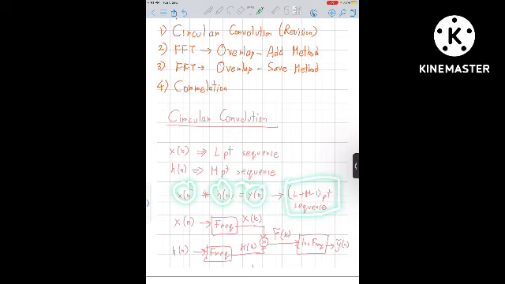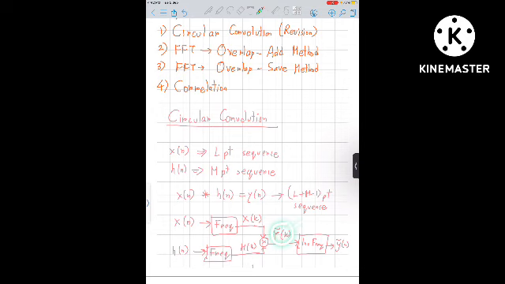Now let's suppose that I don't want to do this filtering or convolution directly. I want to do this in the frequency domain rather than directly implementing it in the time domain. So we transform x[n] into the frequency domain X[k], and h[n] into H[k]. We multiply X[k] and H[k] to obtain Y[k], and then we transform it back into the time domain.